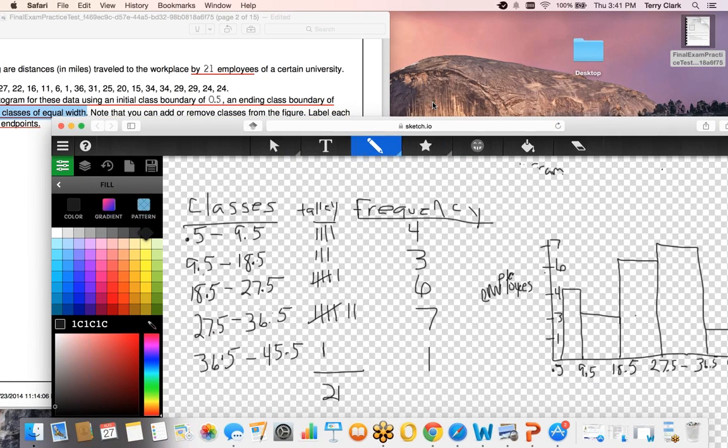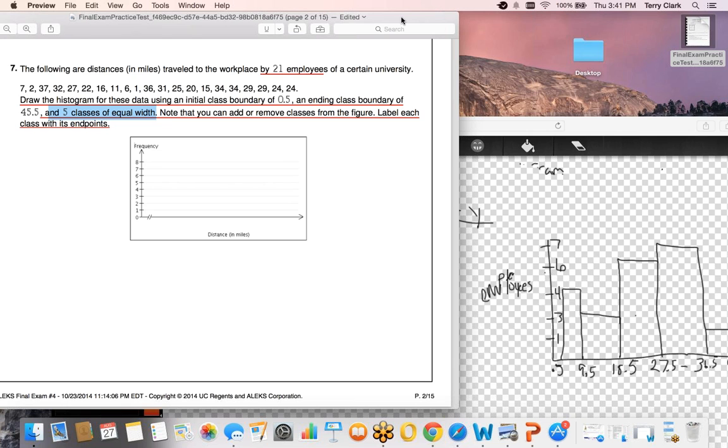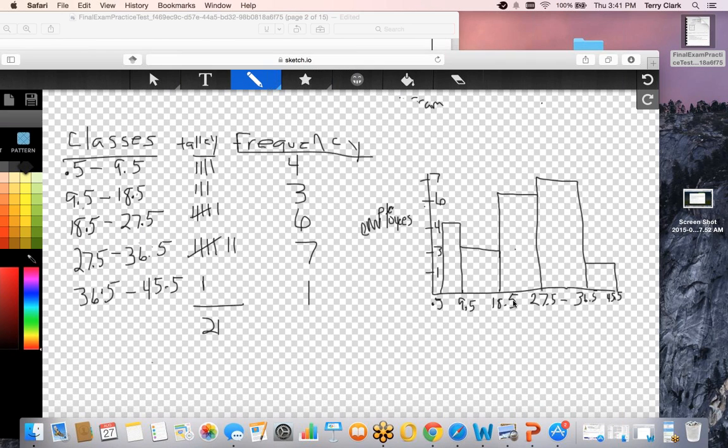And then the intervals, 21 employees and the distance traveled to work. I can call it commute or distance. I'm going to call it commute, because that's typically what we do when we go to work. We commute. I call that commute to work, just to label it.